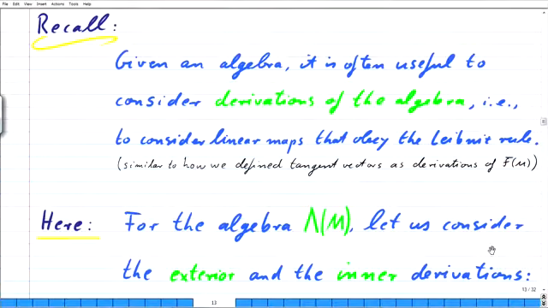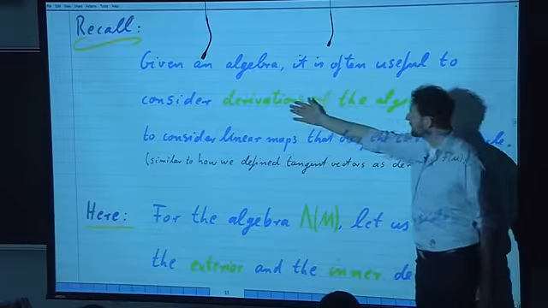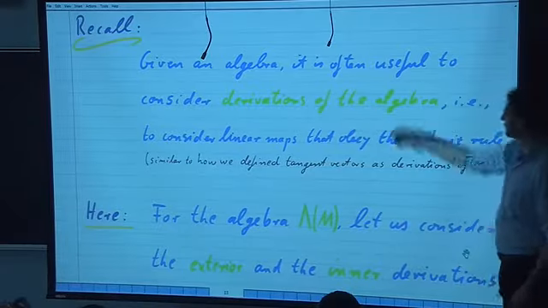Now, why did we do this business with the wedge product? We did it so that we obtained an algebra, the Grassmann algebra. And we wanted the algebra because then we can consider derivations of that algebra, and hopefully those derivations give us natural notions of differentiation. Remember what a derivation is? It's a linear map that obeys the Leibniz rule.